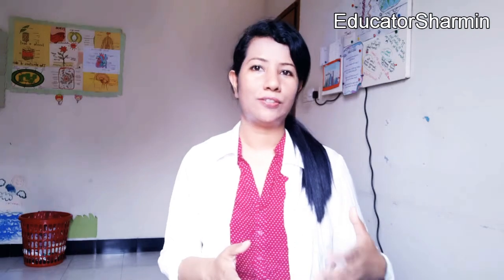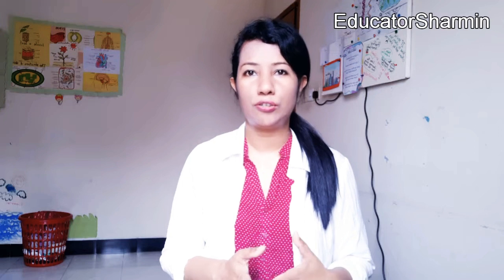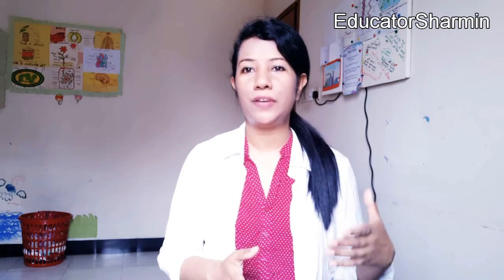So a high concentration of hydrogen ions means a low pH, and if the hydrogen ions were left in solution, what would happen? Then the blood would be very acidic.